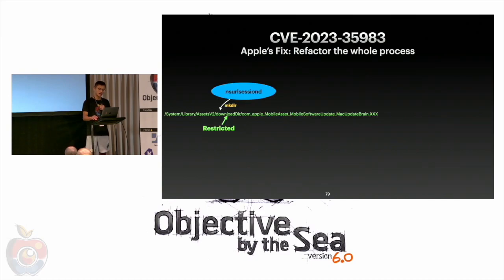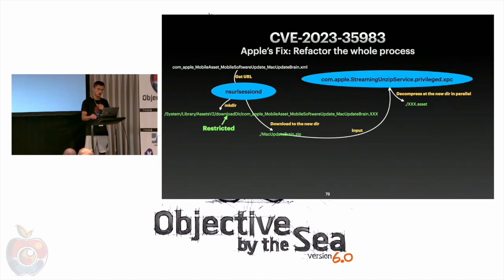First, the process NSURLSessionD creates a restricted directory called download.dir, and then downloads the update brain service package to the trusted location. Then, the newly introduced streaming unzip XPC service performs the decompression in parallel at the trusted location.